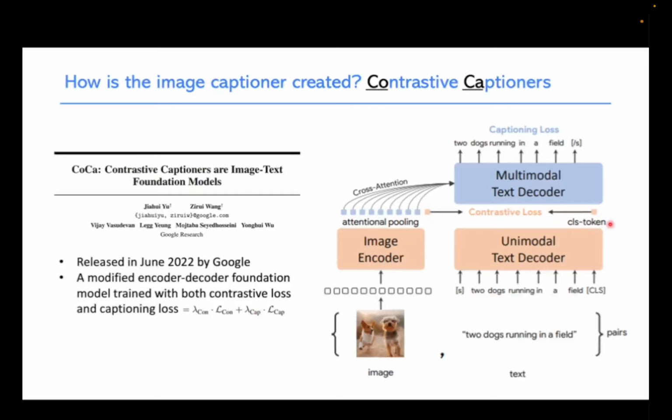My question is, maybe I didn't follow. Why doesn't the model overfit to the text input only? Like the generated text is exactly the same as the input text, and it totally ignores the image. You mean the multimodal text decoder?